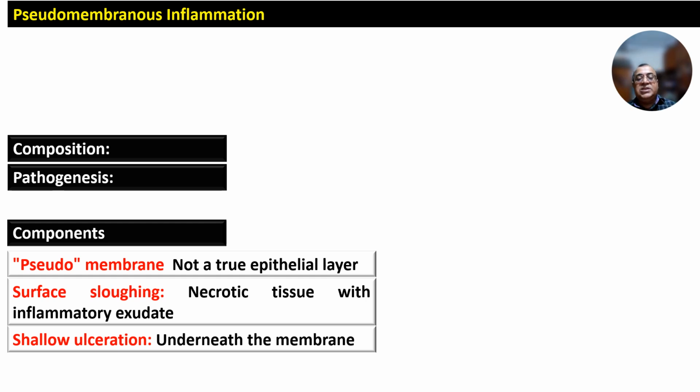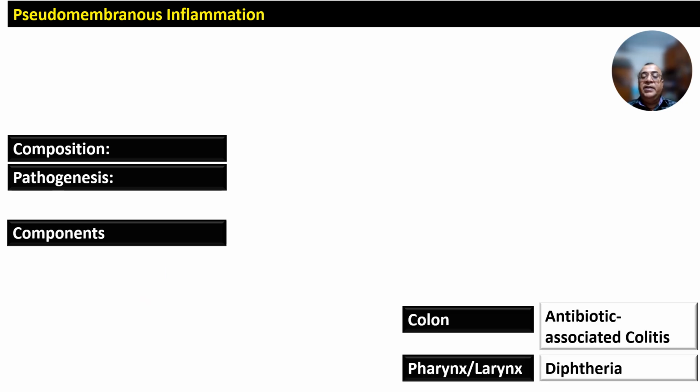There will be a shallow ulcer underneath the membrane. This pseudomembrane is not a true epithelial layer, and common examples are the colon, in which this condition occurs due to use of certain antibiotics, and it is also seen in diphtheria in the pharynx and larynx.